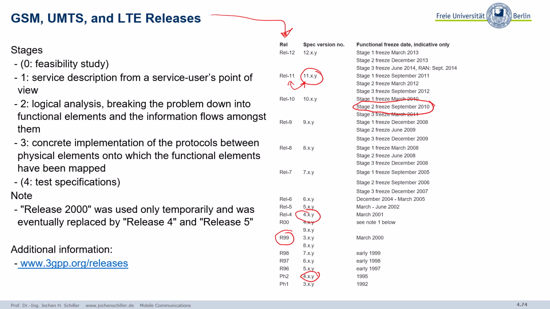Because the classic second generation systems used there did not have enough capacity, so they looked for more capacity for voice communication. So the focus during the design of UMTS was not on packet, on data transmission. And this is also reflected then, for example, in the auction.